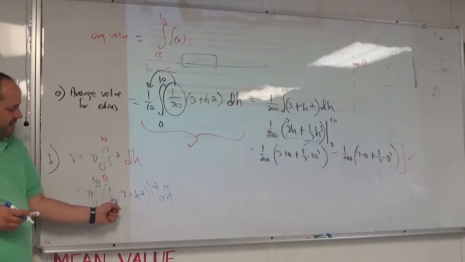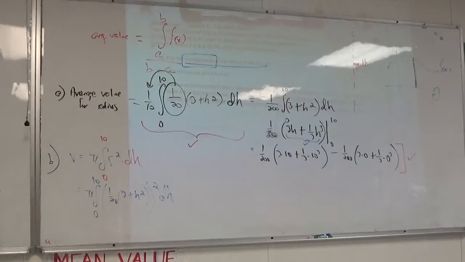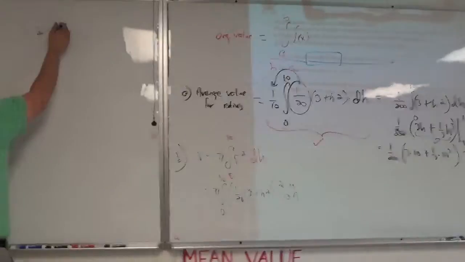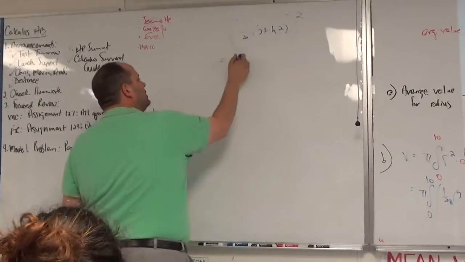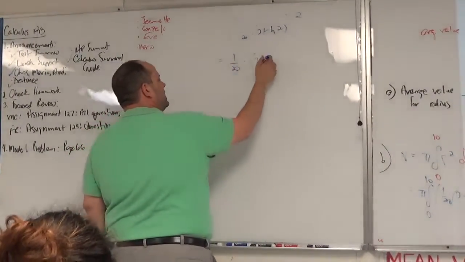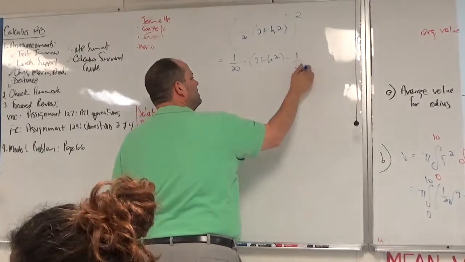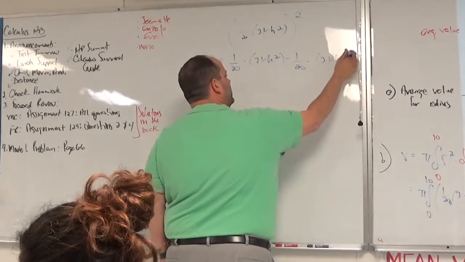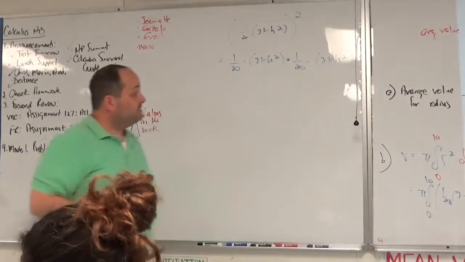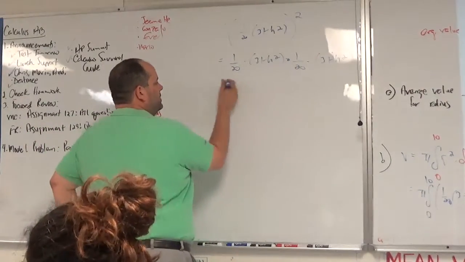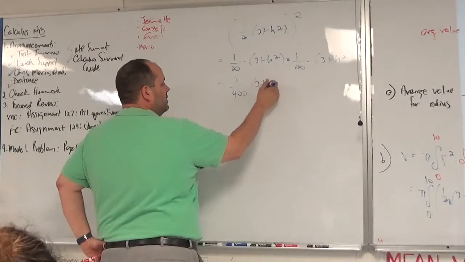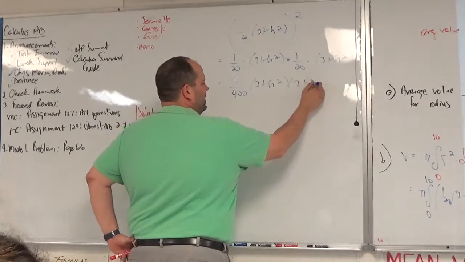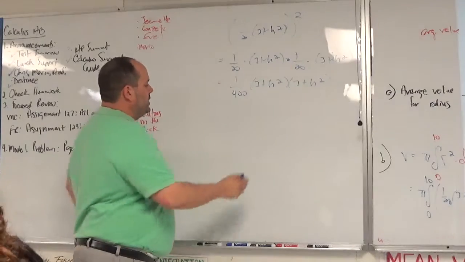So 1/20th times all of this squared. Maybe you want to do a little bit of side work. Can you turn the camera this way? So if I do 1 over 20 times 3 plus h squared, squared, that's 1 over 20 times 3 plus h squared times 1 over 20 times 3 plus h squared. 1 over 20 times 1 over 20, I think that's 1 over 400. 3 plus h squared times 3 plus h squared.